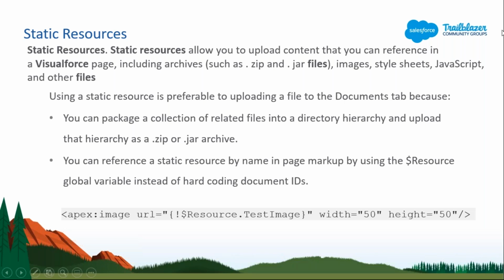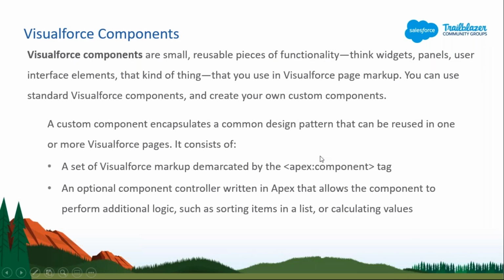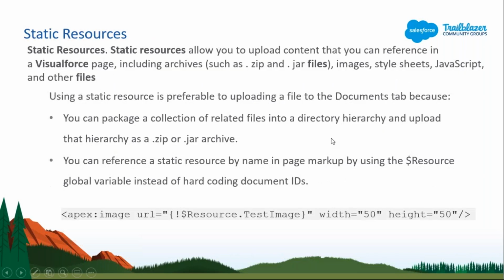Here you can include all your files which you generally use in your code, like a jar file or zip file, any CSS file if you want to use in your Visualforce page, any image if you want to use in your Visualforce page, that you can store in the static resources, and you can use by using the dollar sign and resource name.